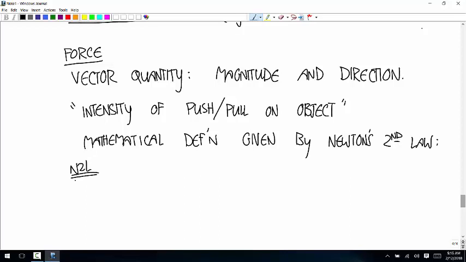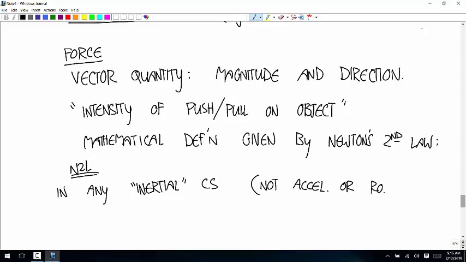And Newton's second law says, in any inertial coordinate system, so first of all, for this law to hold, you have to have an inertial coordinate system. And the meaning of an inertial coordinate system is that it's not accelerating or rotating.